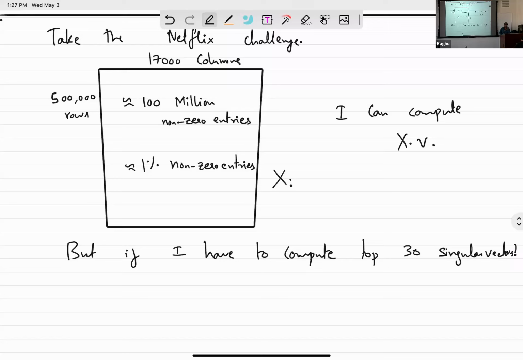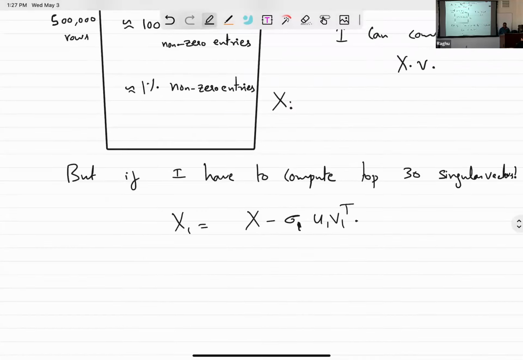After that, you don't get any improvement. Then if I define x1 as x minus sigma 1 times u1 v1 transpose, this could be a dense matrix. So I cannot store this matrix fully in memory because it takes 8 GB to store. So what can I do?